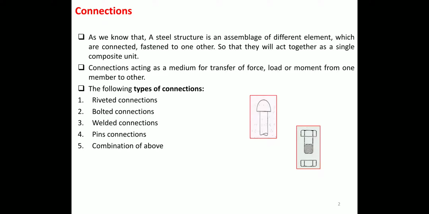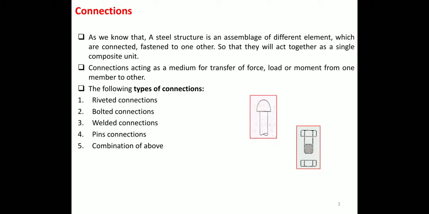As we know, we have seen there are different types of bolts, but before that we have to understand what is meant by connections. A connection in a steel structure is an assemblage of different elements which are fastened to one another. Means one plate is connected to another plate, so an arrangement is required.